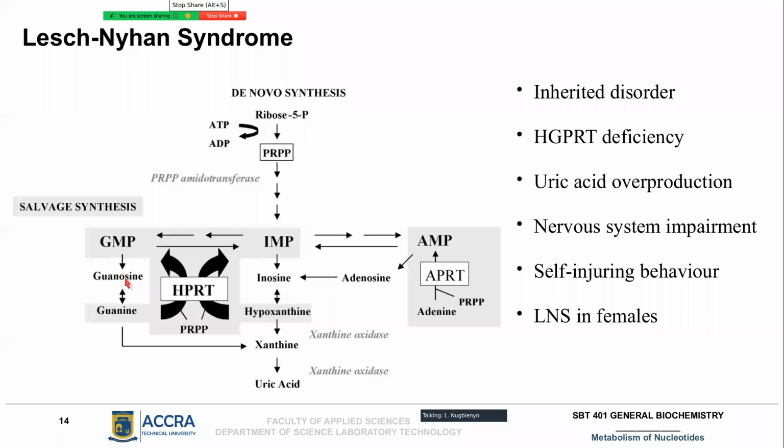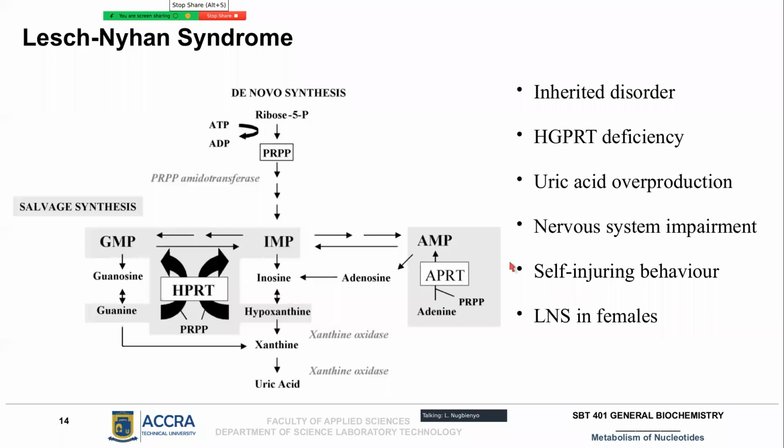Now you have the enzyme hypoxanthine phosphoribosyl transferase, and this enzyme is responsible for this recycling. So you see, guanine can go into the formation of guanosine monophosphate. Hypoxanthine can go back into the formation of inosine monophosphate.